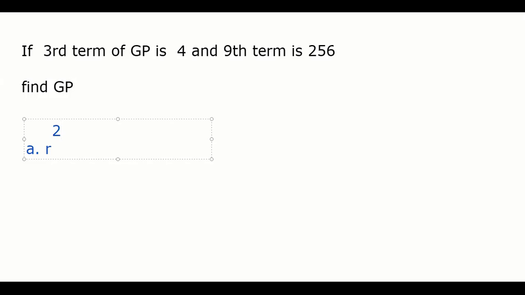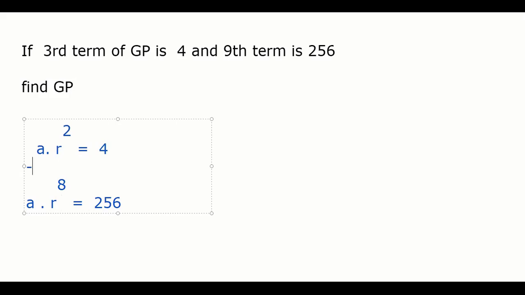N is 3, so R to the power n minus 1, so 3 minus 1. So AR square is given as 4. Correct? Yashwant? Yes, sir. The ninth term is AR8, and that is given as 256. Agree? Yes, sir. These are the two equations, guys.